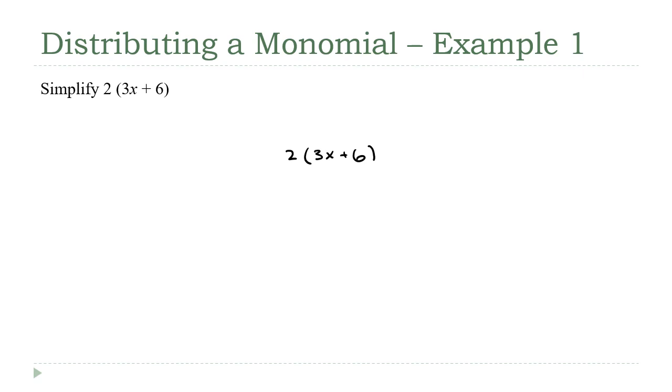So to get rid of these parentheses, I'm going to use that distributive property. I'm going to multiply 2 times the 3x, and I'm going to multiply 2 times the plus 6. Now, if I just simplify the number parts here, 2 times 3 is 6, so that's 6x plus 12. And that's it. That's how I've simplified that expression.